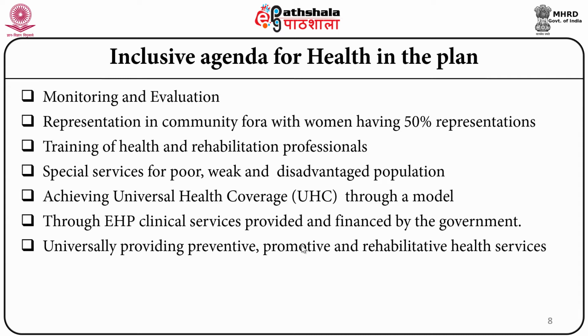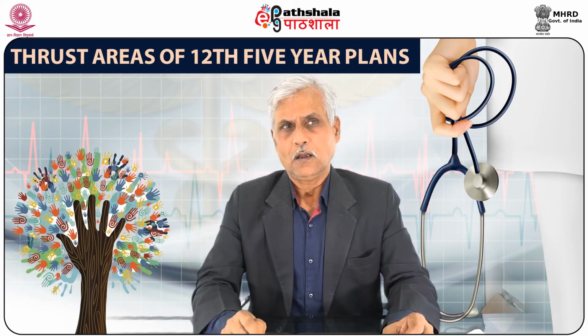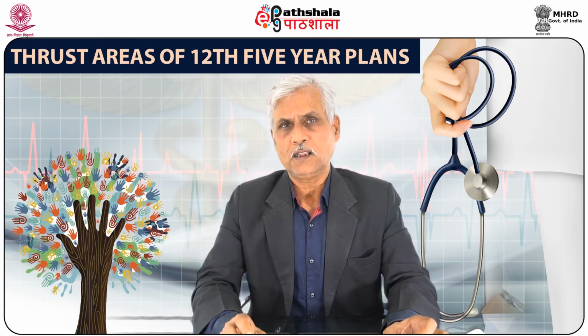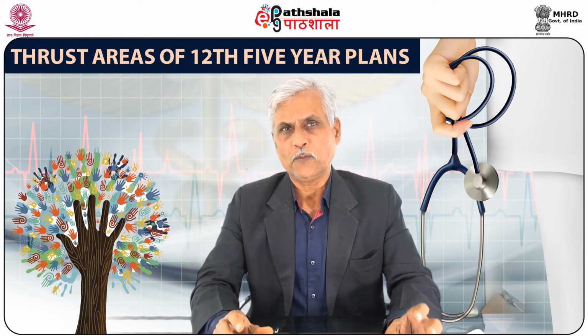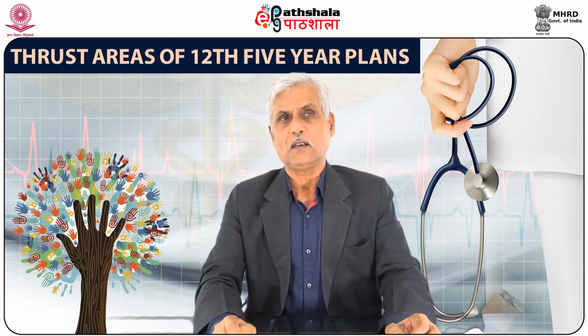Achieving universal health coverage through a model. As we have discussed, universal health coverage has been taken as the instrument for improving health of the country. And universal health coverage involves a lot of financial commitments and strategic planning.